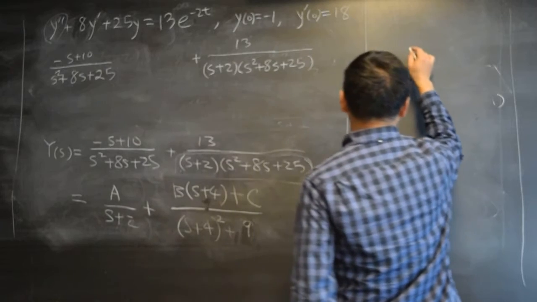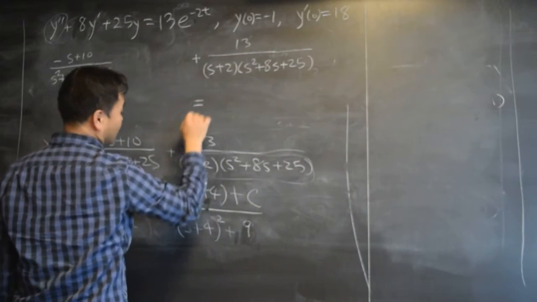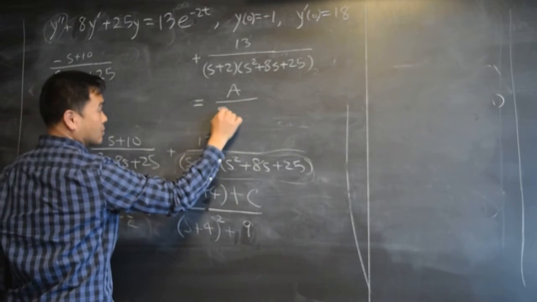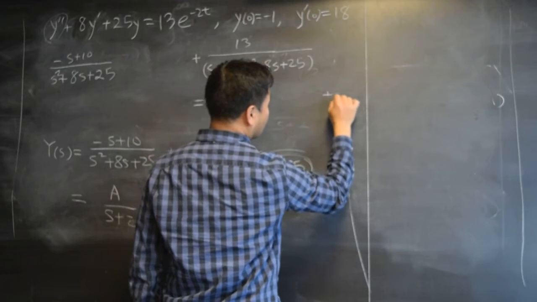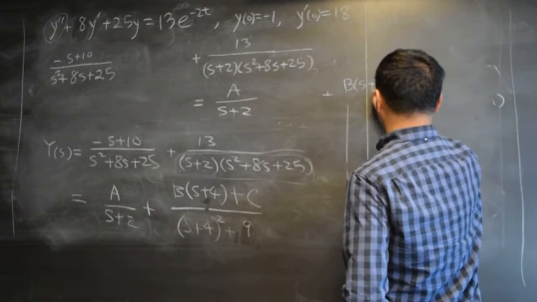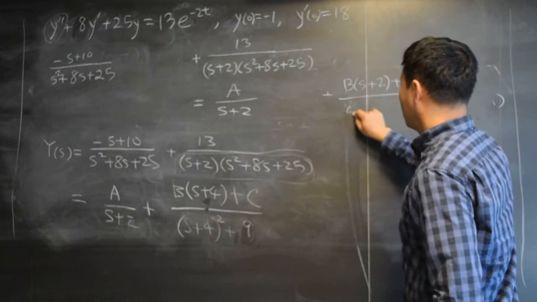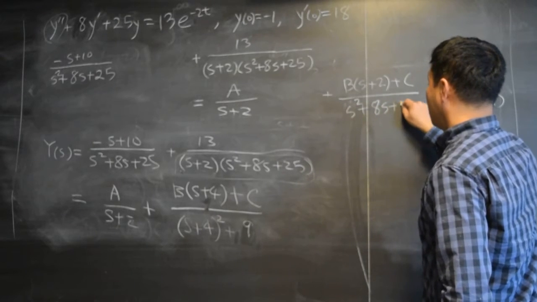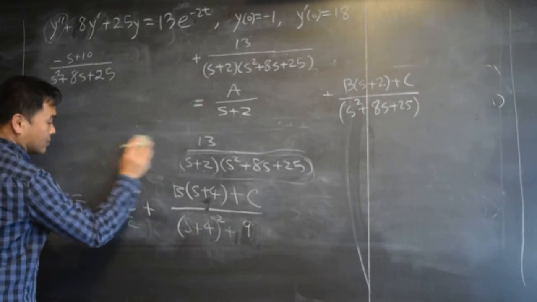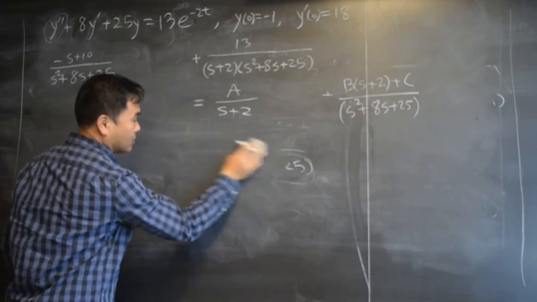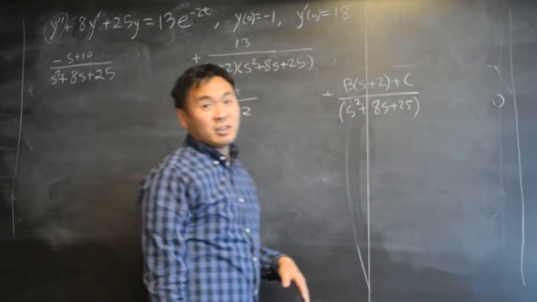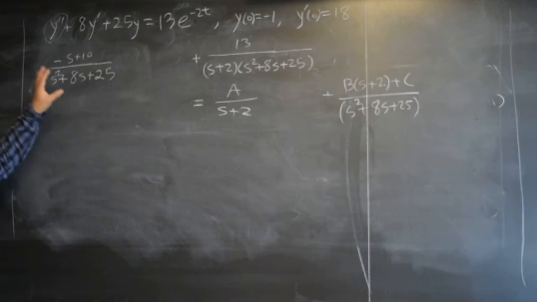Trying to rewrite this. See, if I had more room, I would be writing everything in one line, but because I don't have enough room, I just wrote it like this.